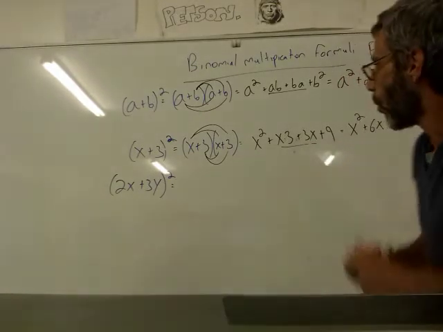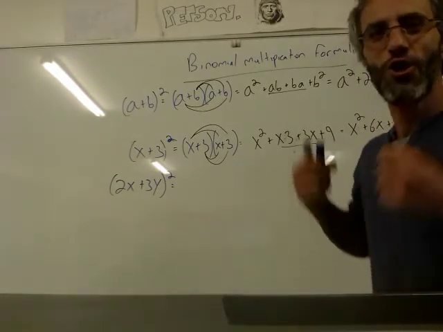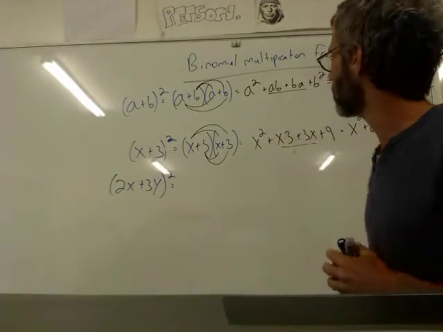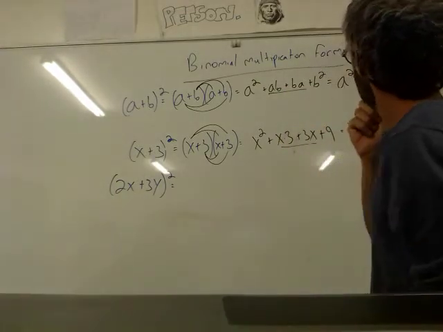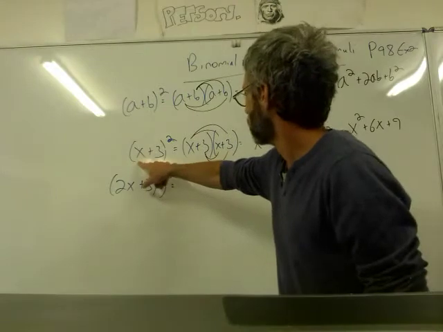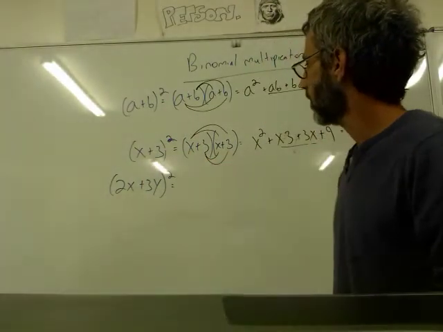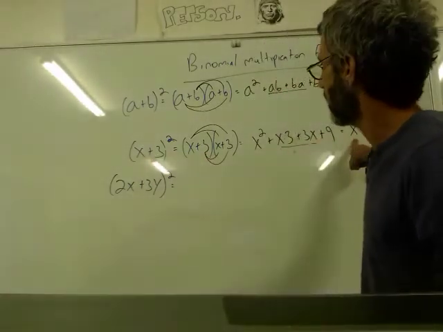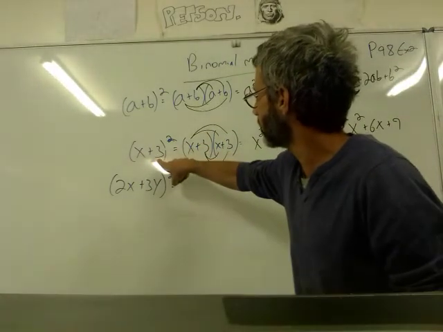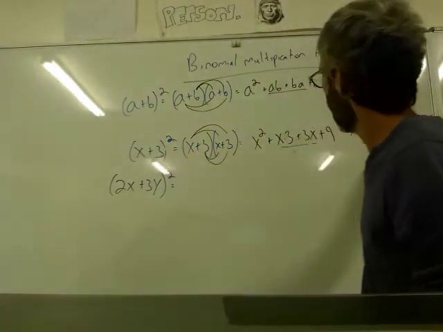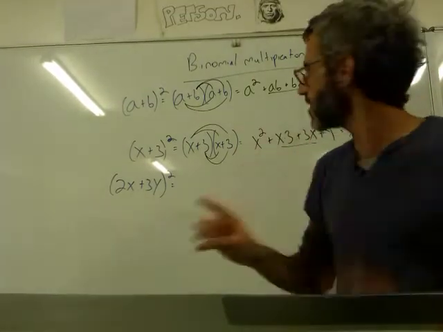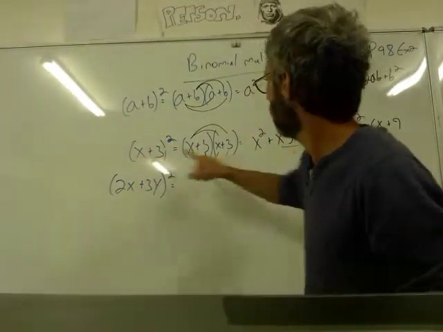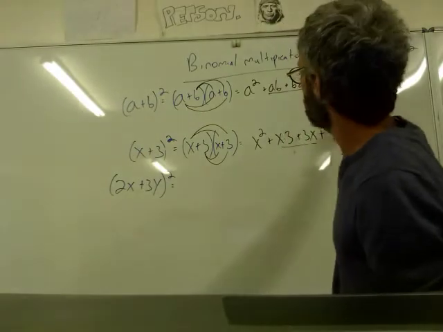Now, we could have used that formula straight away. We could have said, okay, I've got something plus something squared. So what am I going to have? I'm going to have the first term squared, x squared. I'm going to have the second term squared, 3 squared is 9. And I must write that middle term. Here it says 2ab.